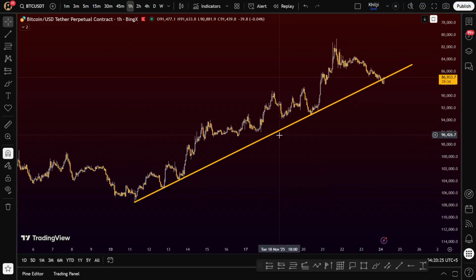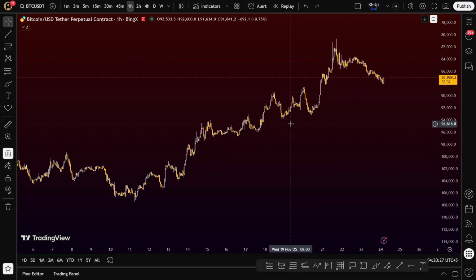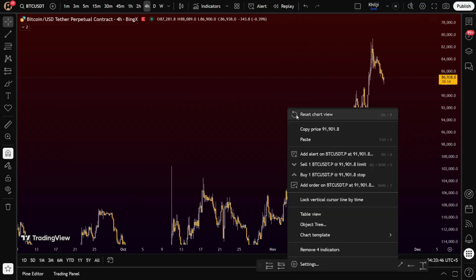And yeah. Now the fifth thing that we have is volume profile. Volume profile actually acts as a sort of hidden demand or supply. A hidden demand or supply. How? Let's go to the 4 hour first.